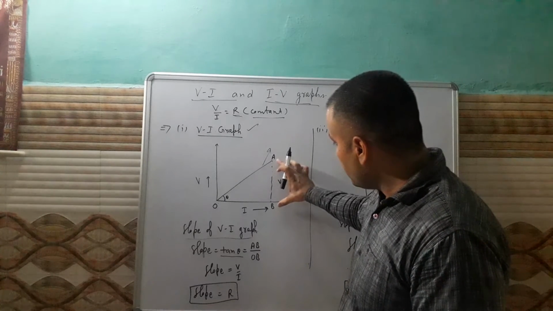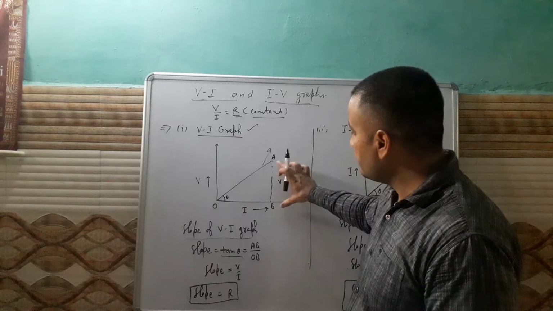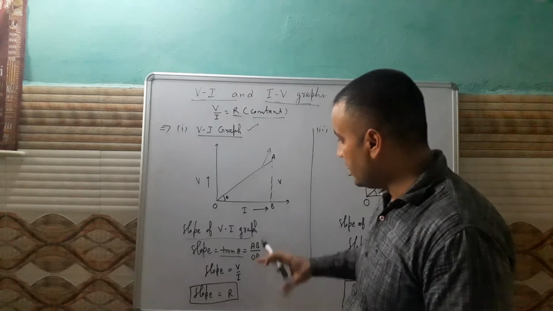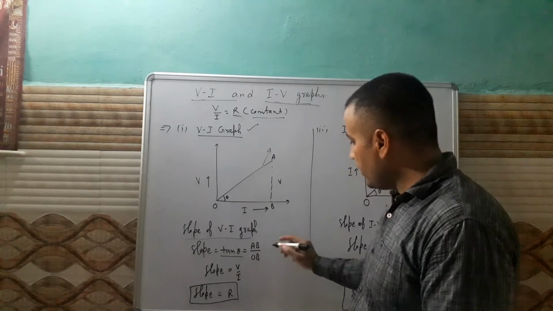In this triangle the tangent will be equal to perpendicular over base, where the perpendicular is represented by the side AB and the base is represented by the side OB. So what is the value of AB?